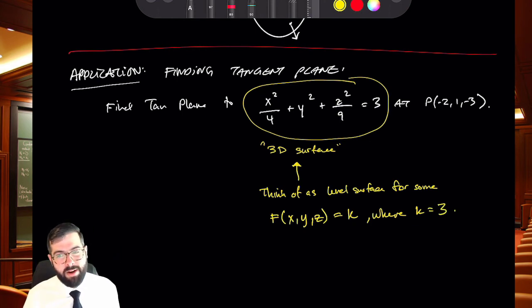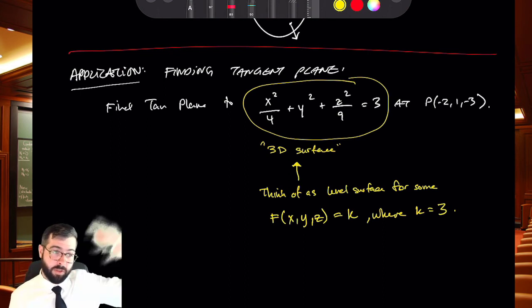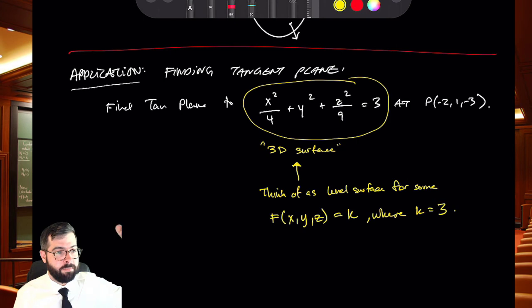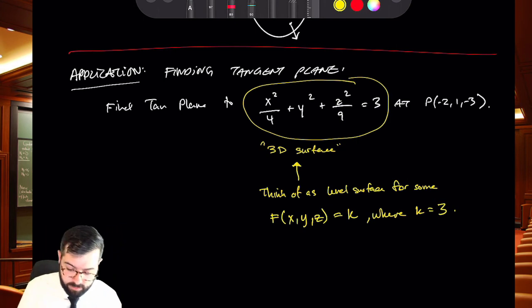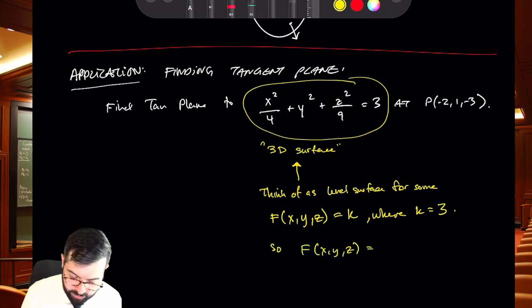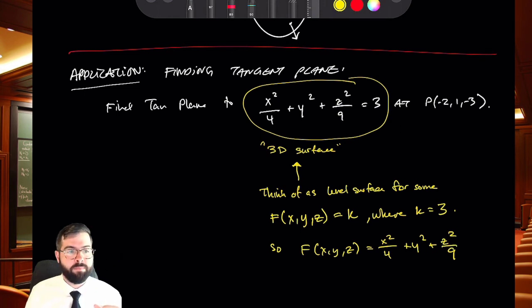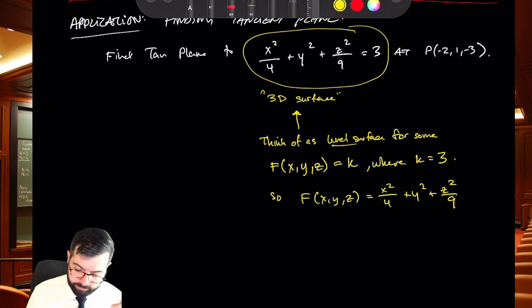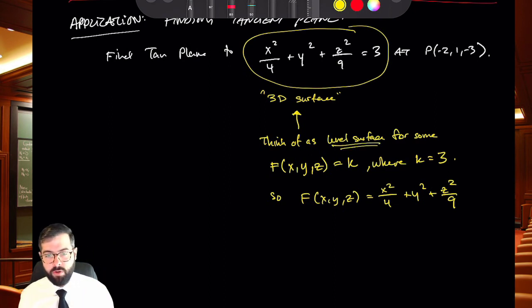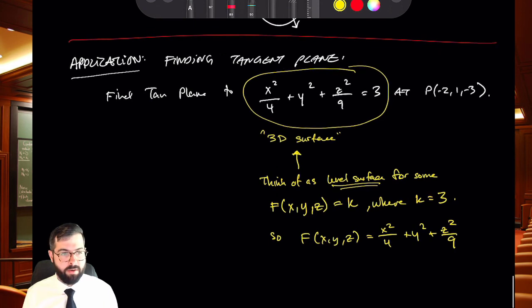So instead of thinking about it as its own function, we can say, hey, maybe this is a level surface to some four-dimensional function. So we'll call big F of x, y, z this function. And then we can use the gradient to find the tangent plane here.